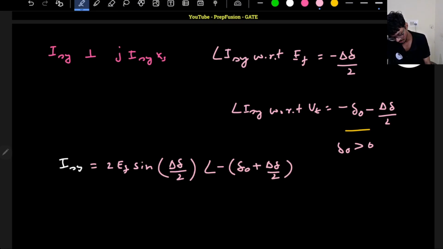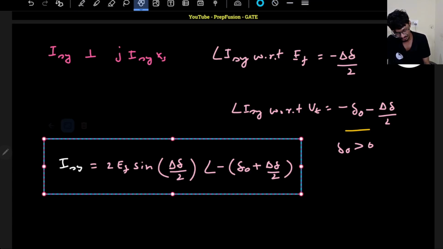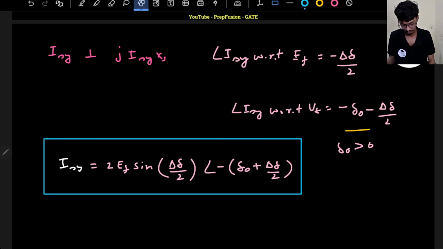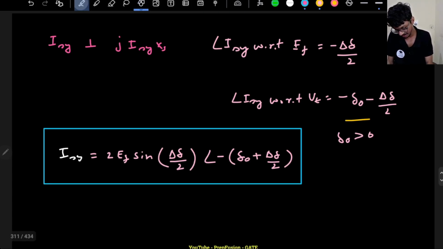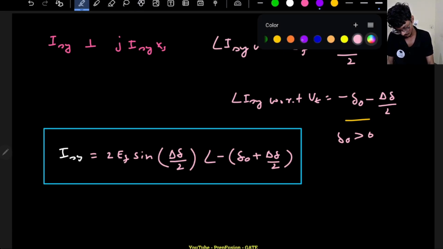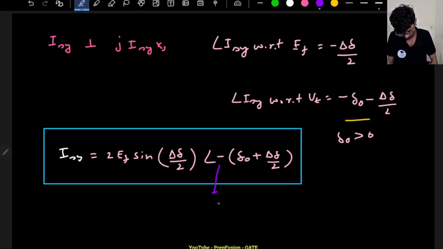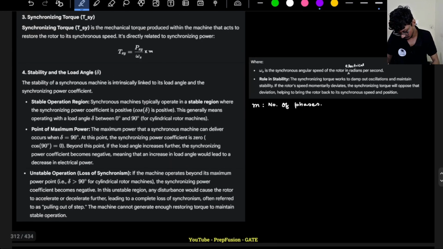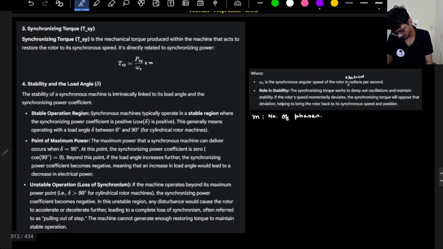This will be the complete expression for ISY. Although not that important, this negative sign basically represents that it is lagging. That's it. I hope all these confusions are clear now. So this is the expression for torque.